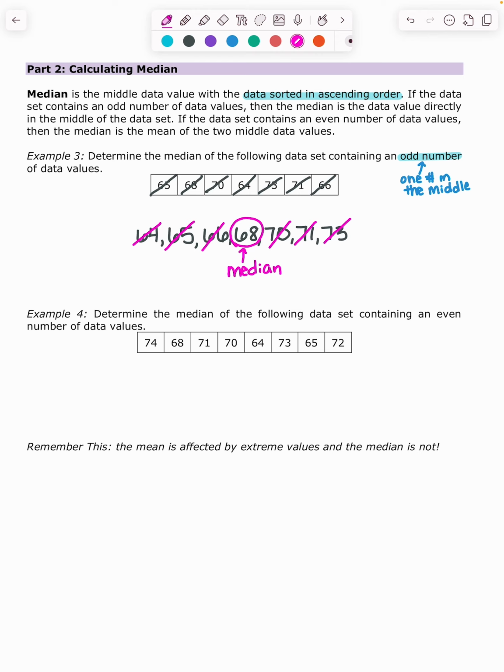Now, unlike mean, median doesn't have a fancy symbol. So you can write out median, you can write out MED for median, or some textbooks use a capital M. I tend to do MED when I identify the median, but any of these are typically accepted to identify the median, so long as you are not using a capital M for population mean.